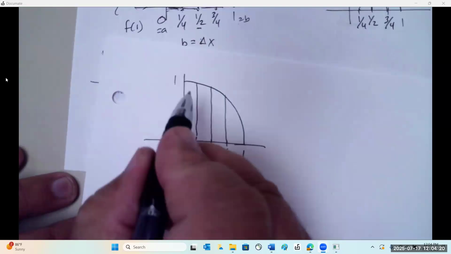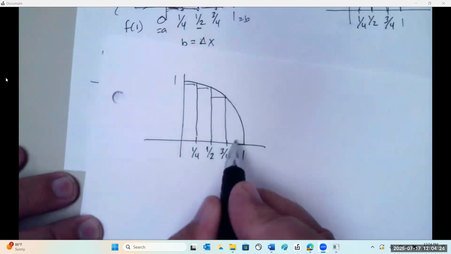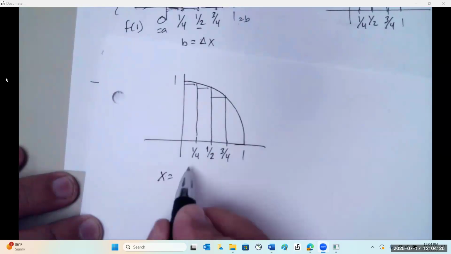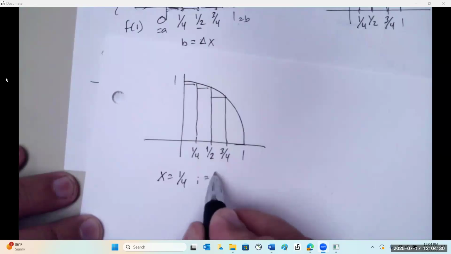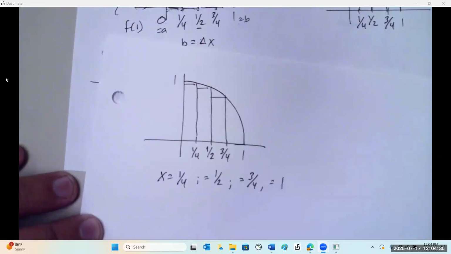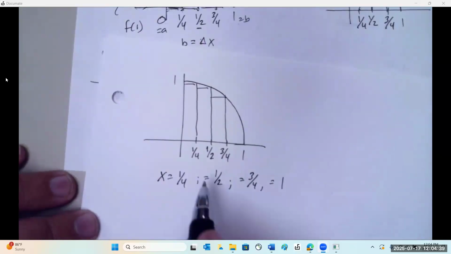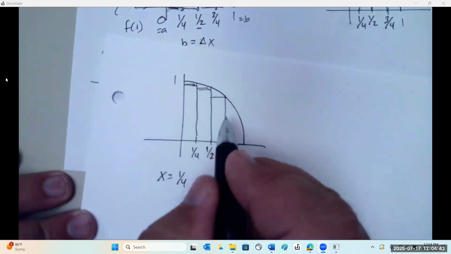Okay, since this is a lower bound, I'm using my x values. The x values I'm going to use are 1/4, 1/2, 3/4, and 1, because I have to use the right endpoints of each of these rectangles.